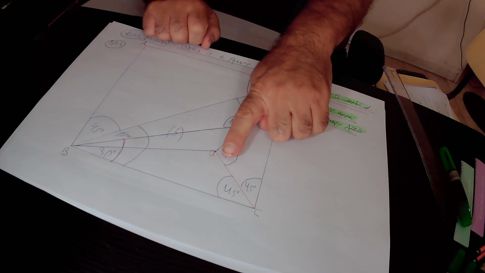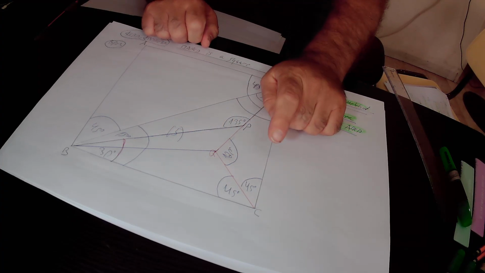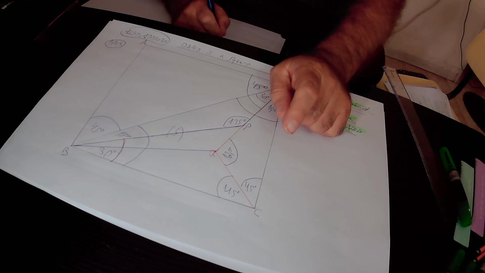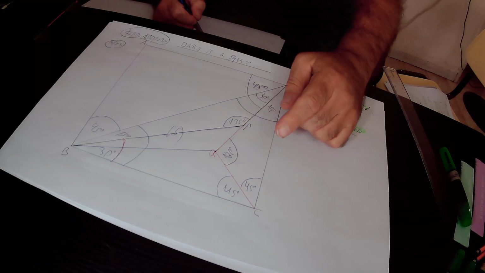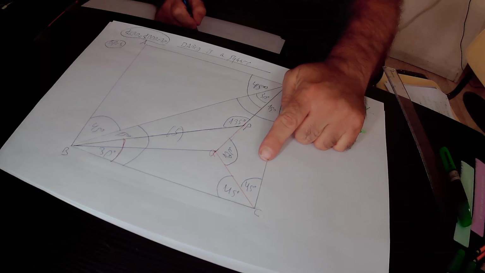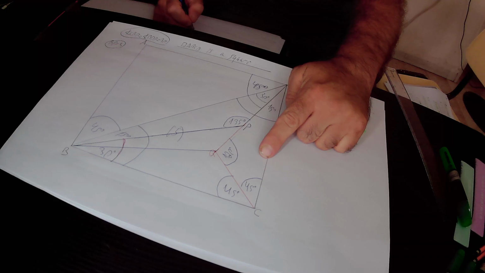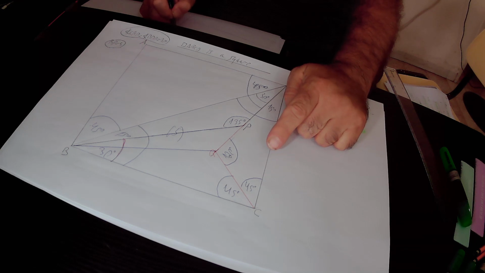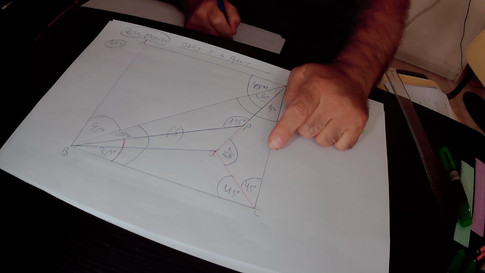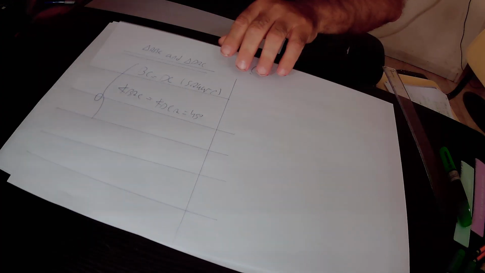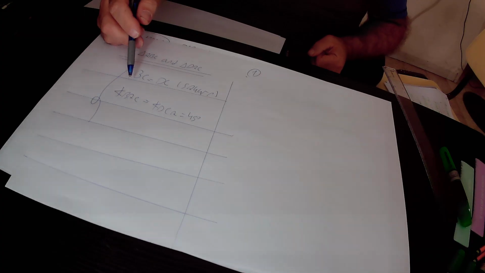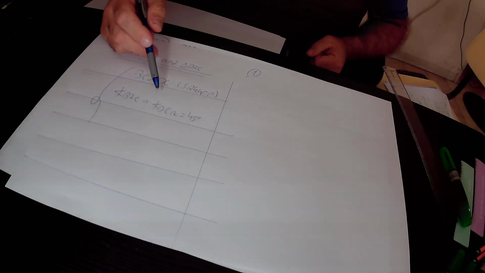So finally, this is angle BQC in triangle QBC, and it is equal to this angle, the angle DCQ in triangle DQC.